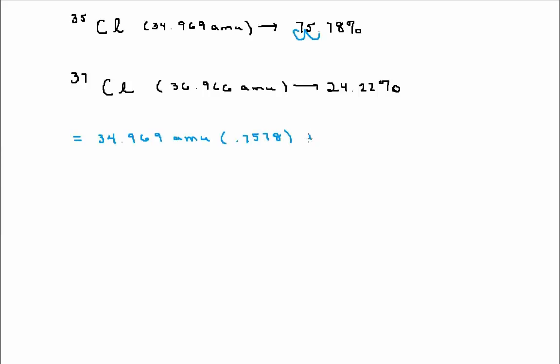And then I'm going to add to that the atomic mass of chlorine 37, which is 36.966 AMU, times its percent abundance, which is 0.2422.